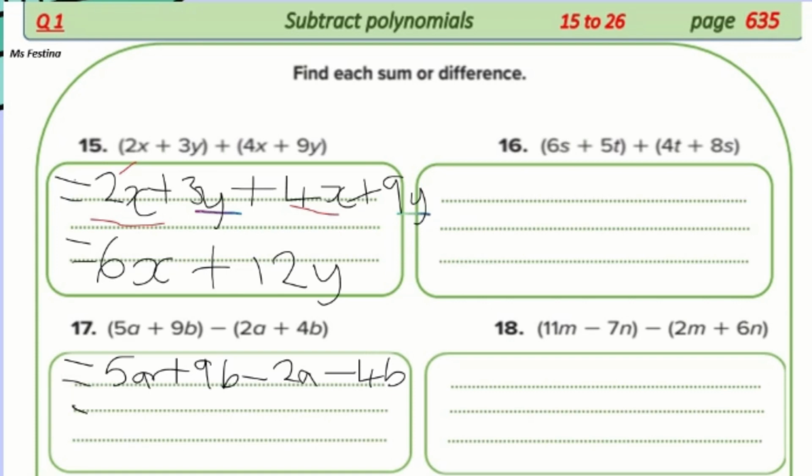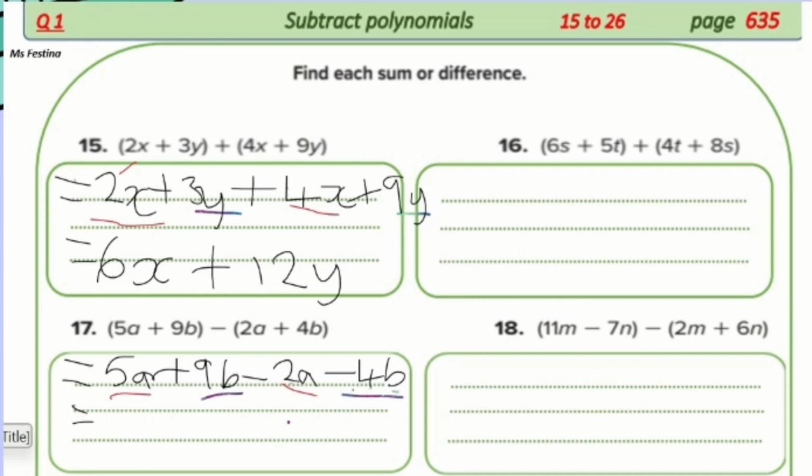Then I will again group my like terms. So my like terms are 5a and 2a, and then I also have 9b and minus 4b.